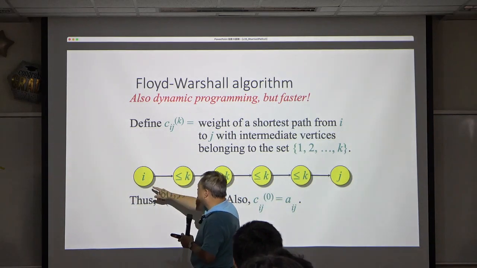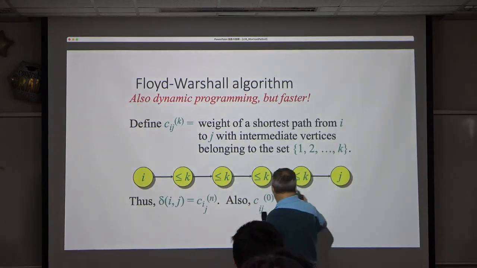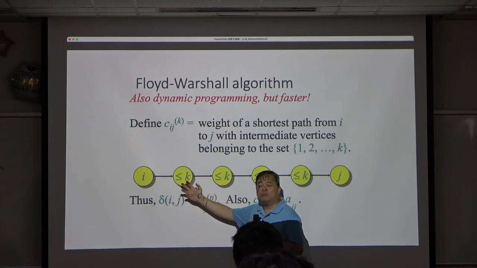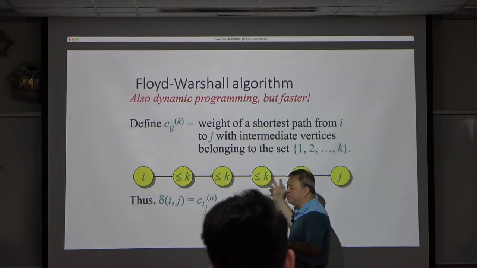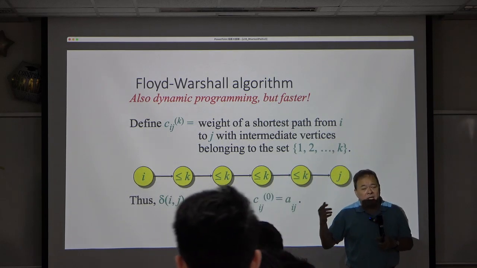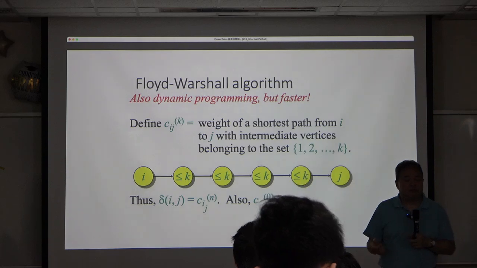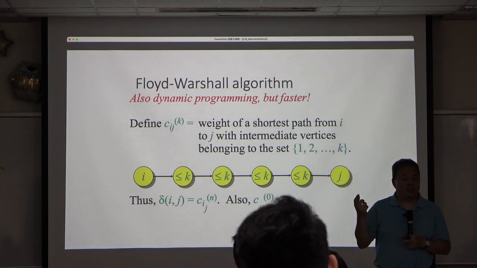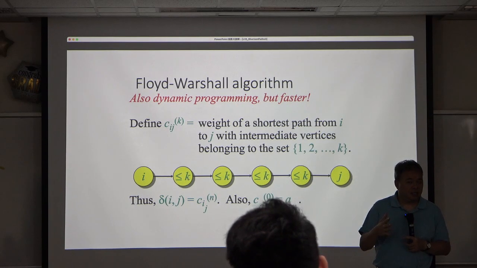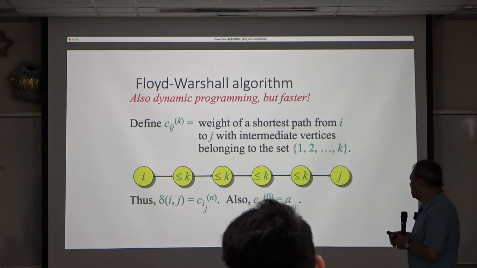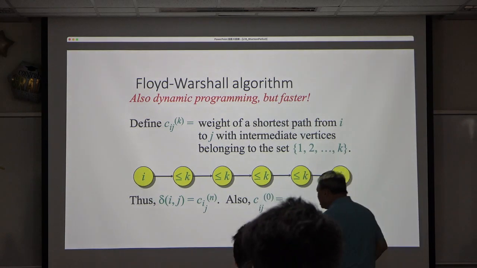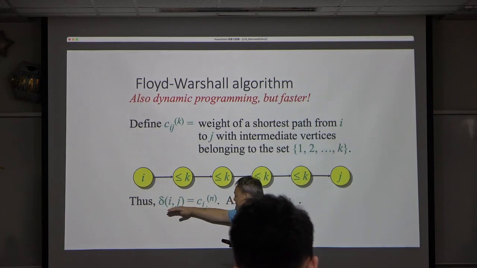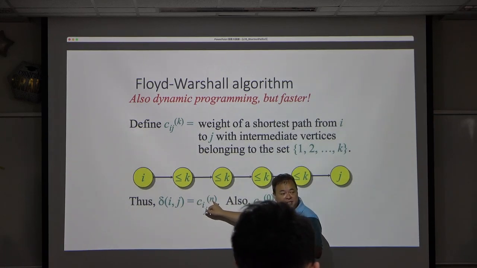Let me use this figure. From i to j, you may not have some intermediate nodes, but what we care is that each intermediate node's number must be lower than or equal to k. With such a definition, the shortest path from i to j is obviously going to be Cijn, right?